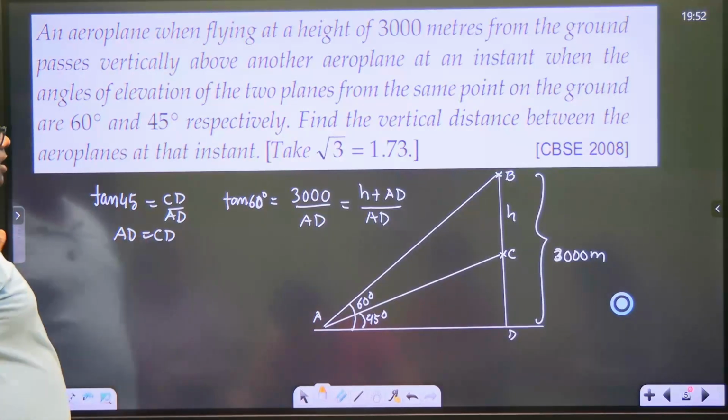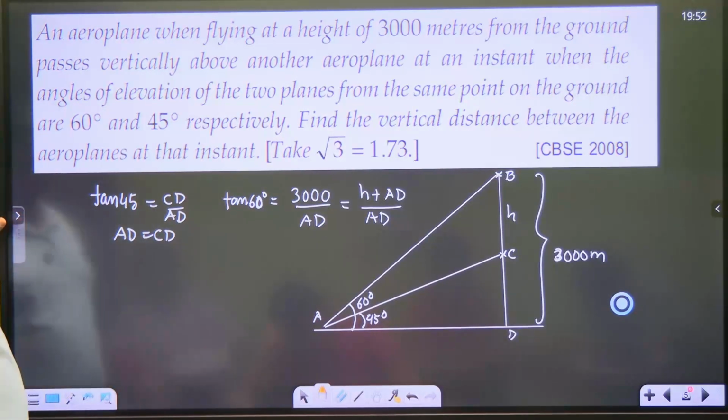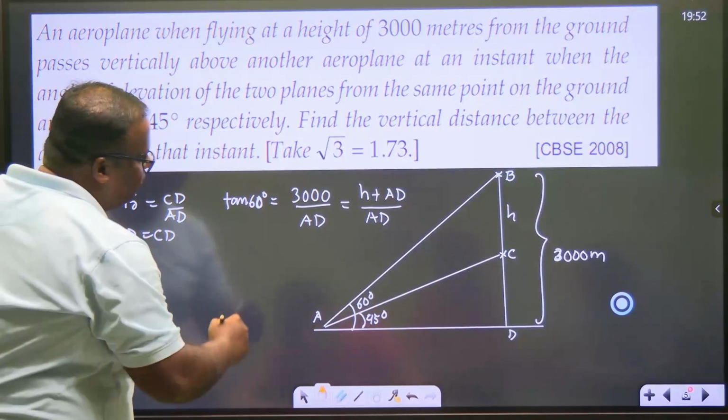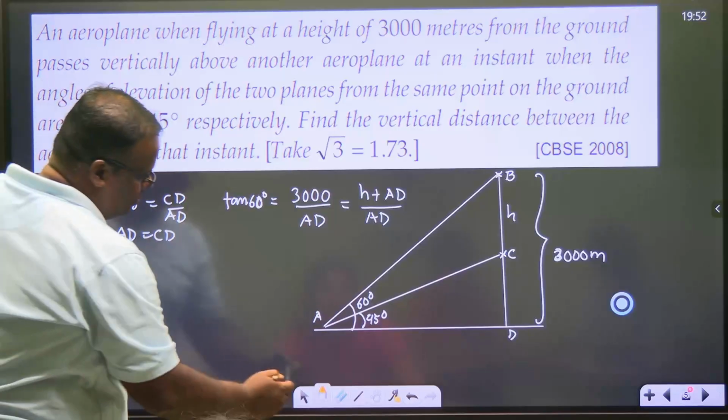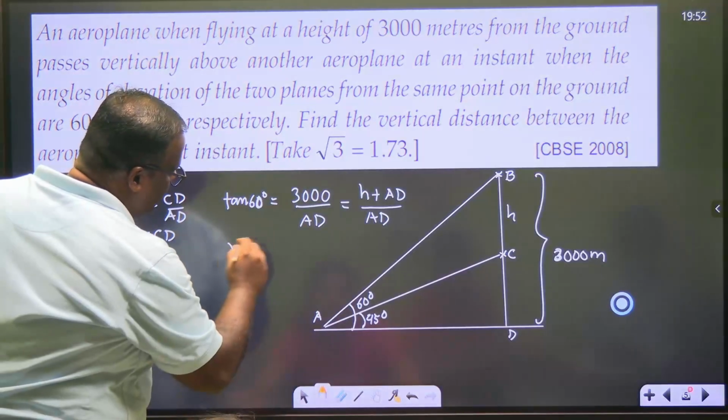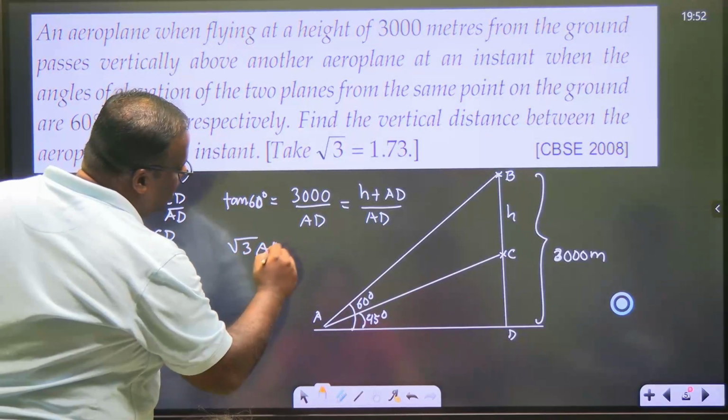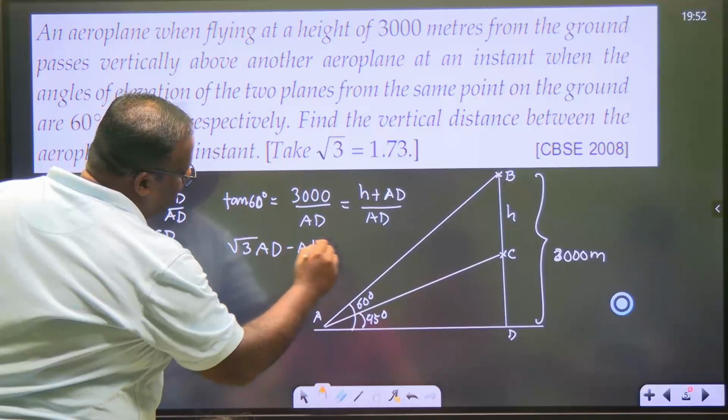Instead of AD, you can write H plus CD. What is tan 60's value, children? Root 3. So we can write root 3 AD minus AD is equal to H.